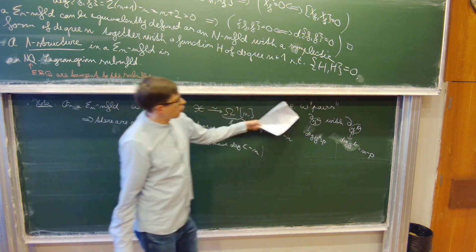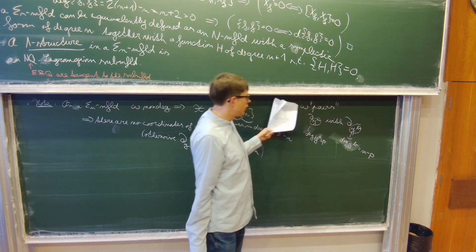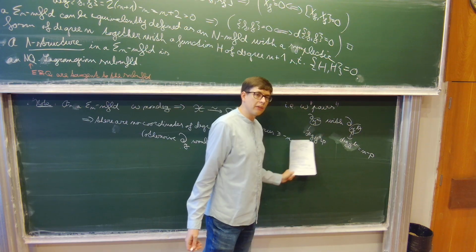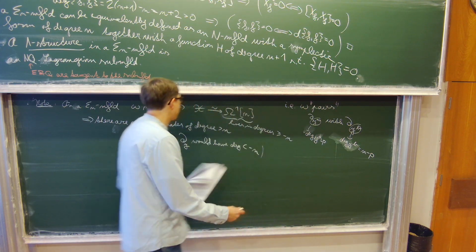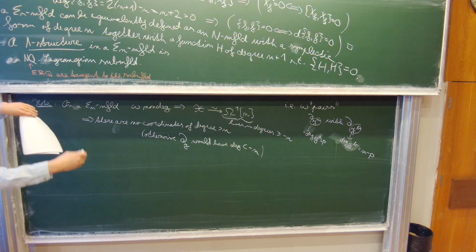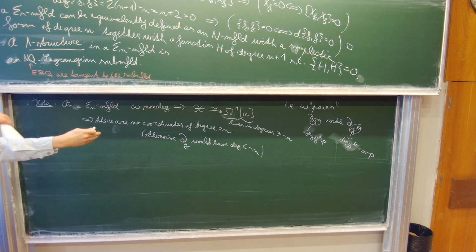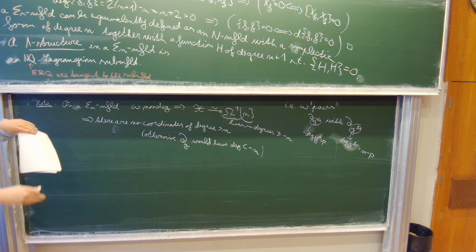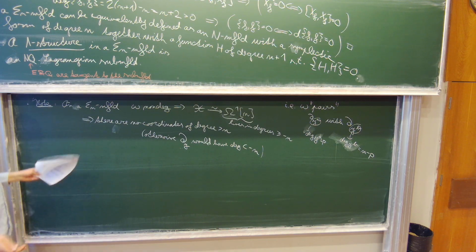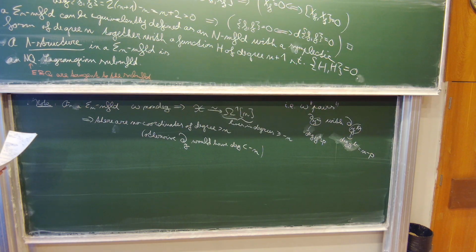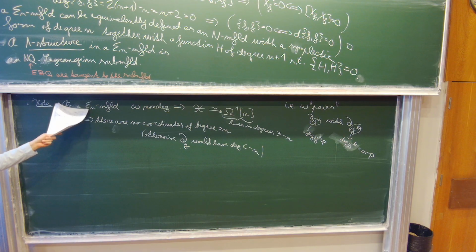So if you insert both of them in omega and you aim to get a non-zero number, they better be of complementary degree. That's why, if you have omega of degree 3, then it pairs coordinates of degree 1 and 2, 3 and 0, and that's it. So there can never be any coordinates outside. Therefore, by definition, there is no negative coordinate because we are working with non-negatively graded manifolds. But because of the presence of the symplectic form, we can only have coordinates of degree 0, 1, up to n.